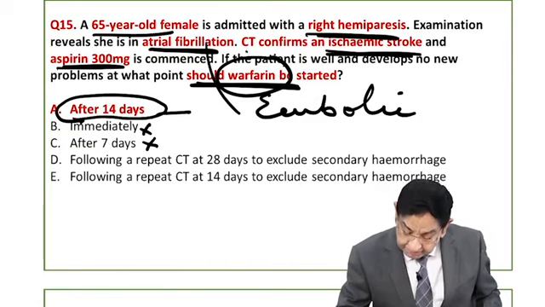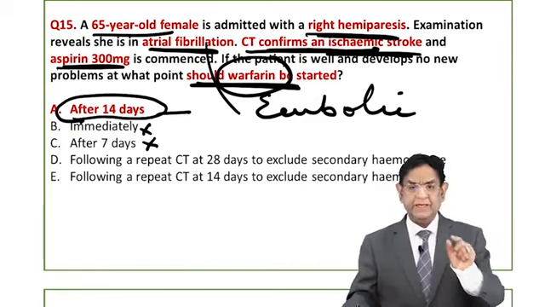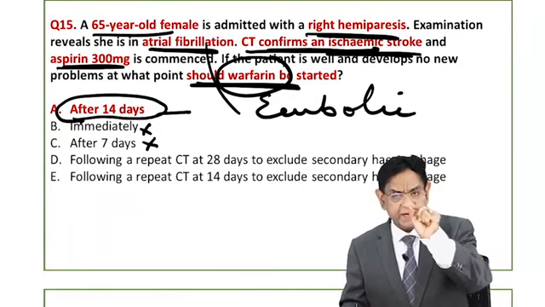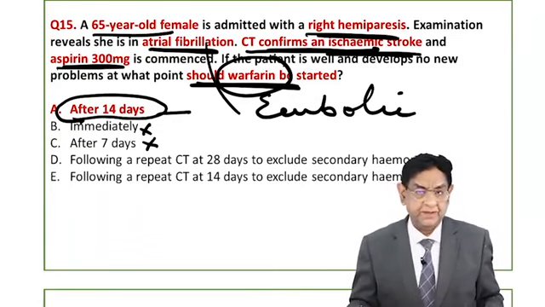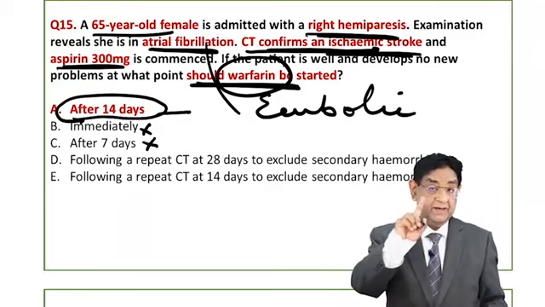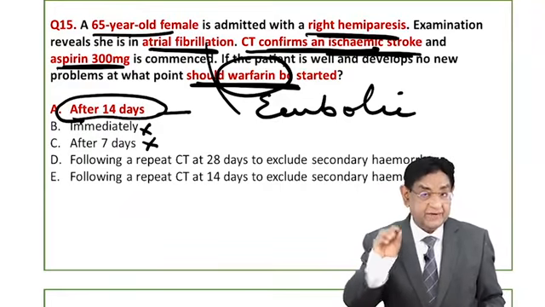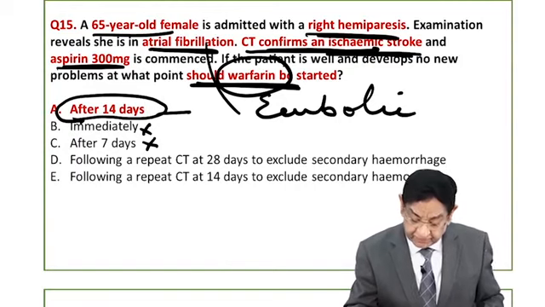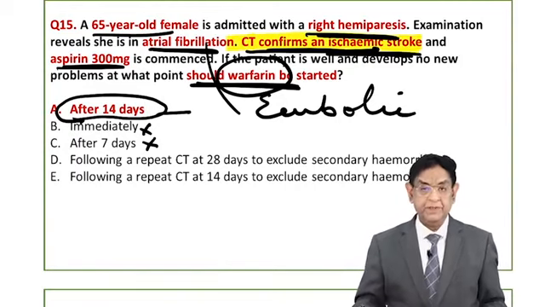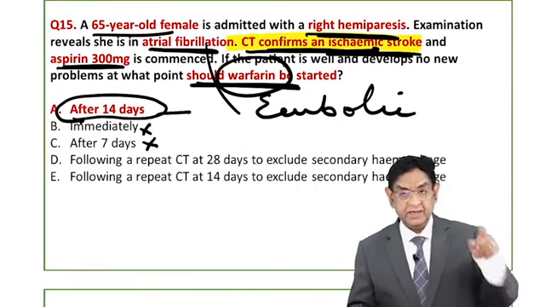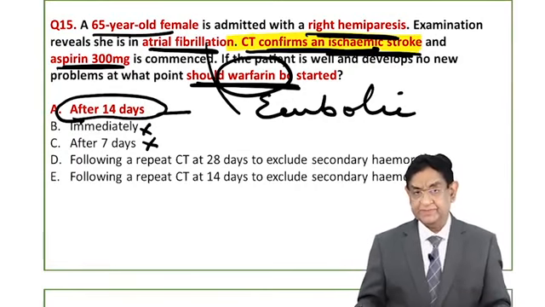And point to be noted, it is mandatory to confirm that it is the ischemic stroke. Remember, here he writes very clearly, it has been confirmed. CT scan confirms ischemic stroke. Then only you will give.